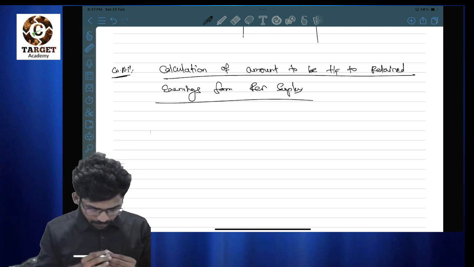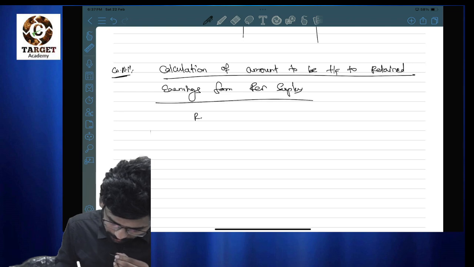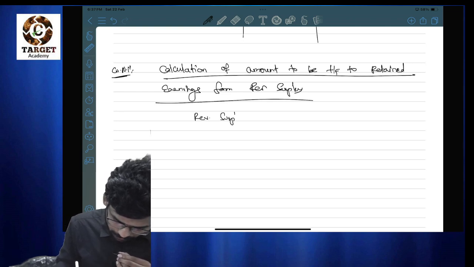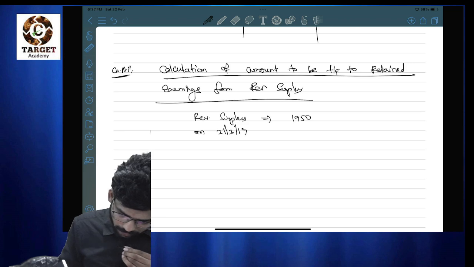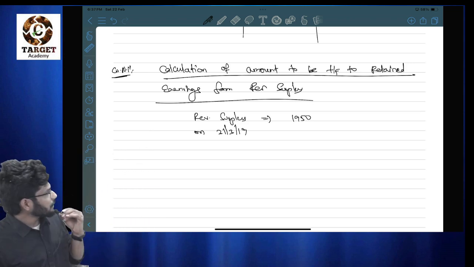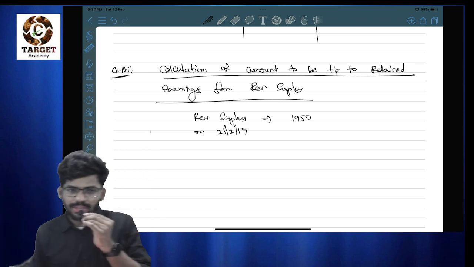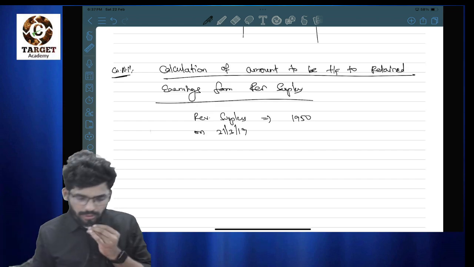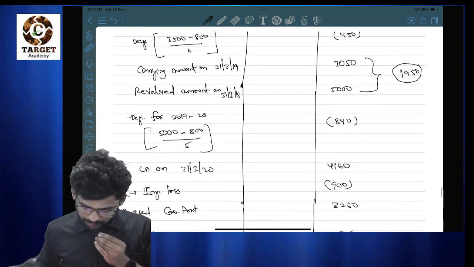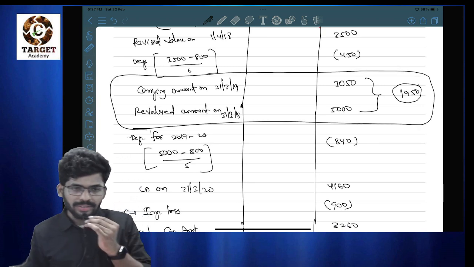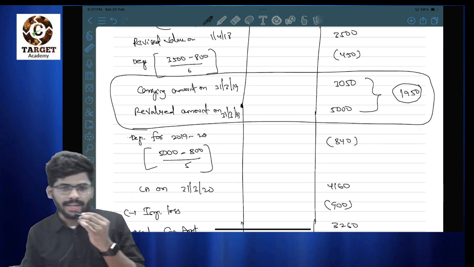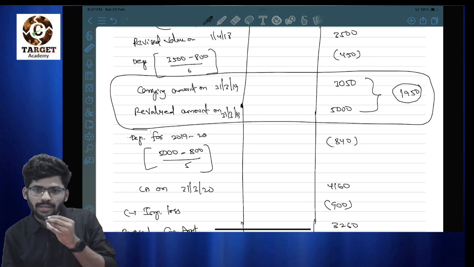Okay. So coming to revaluation surplus. What is the revaluation surplus? How much amount? Please take 1950. On which date? 31st March 2019. Yes, we got revaluation surplus on 31st March 2019. On this date only we have revalued the asset. That is the revaluation amount.